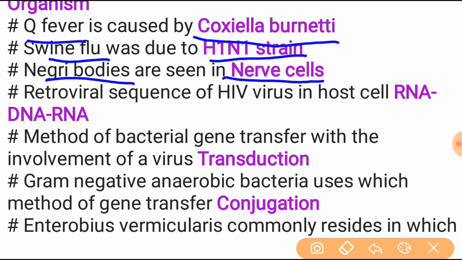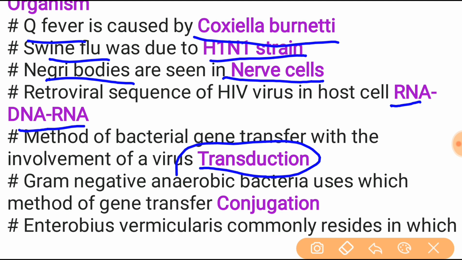Retroviral sequence of HIV virus in the host cell is RNA to DNA, then RNA. Method of bacterial gene transfer with the involvement of virus is transduction.